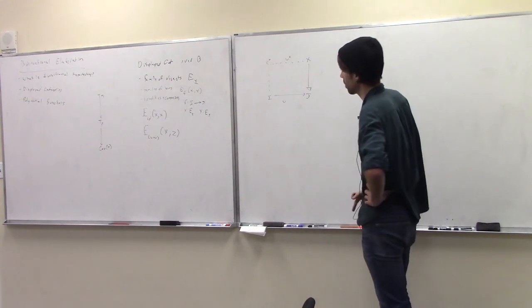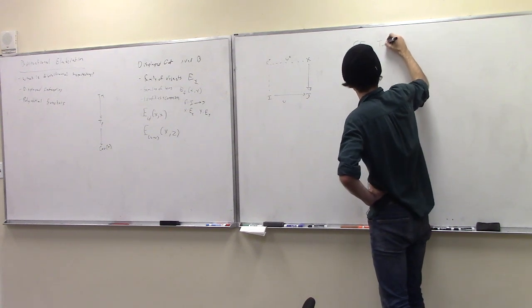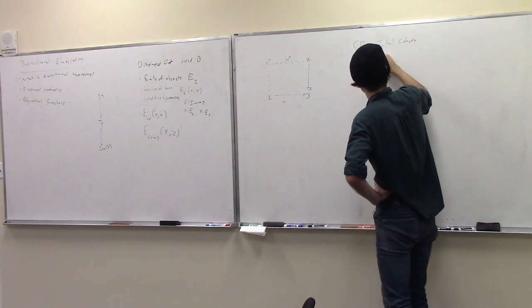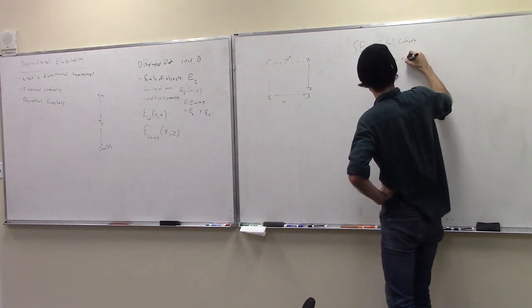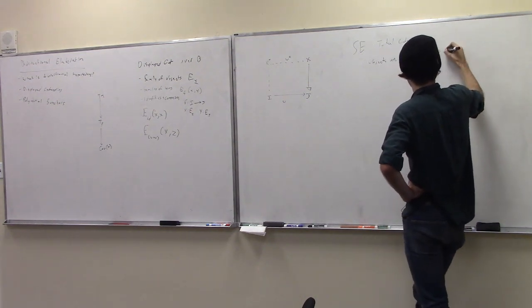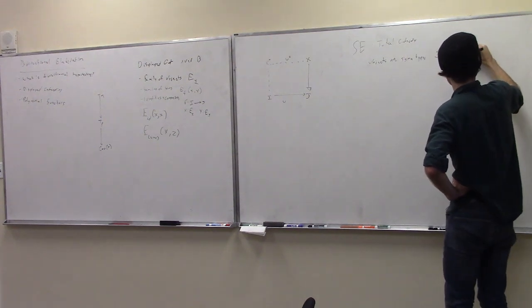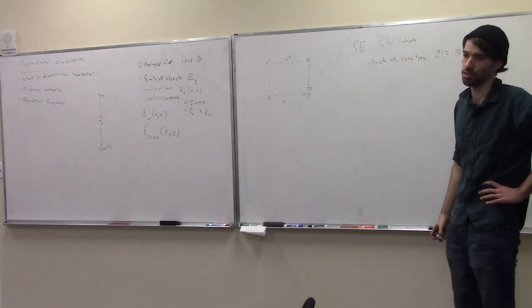Like integral E, and its objects, total category. Objects are sigma types. So an I in the base along with an x of E at I. And morphisms, similarly, you just take sigmas.